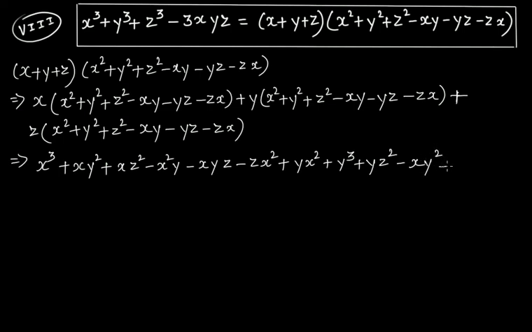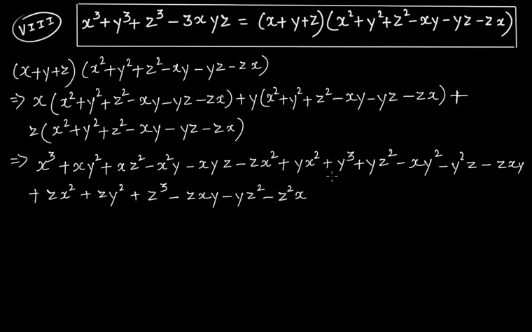Then you have minus y squared z. Then you have minus zxy. Then plus you have zx squared plus zy squared plus z cubed minus zxy minus yz squared minus z squared x, right?